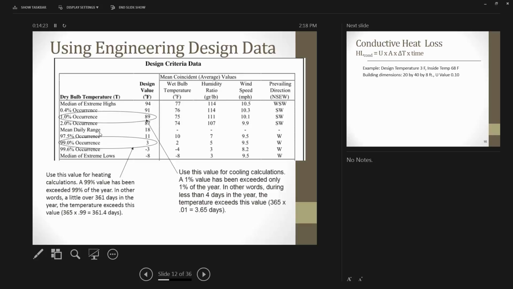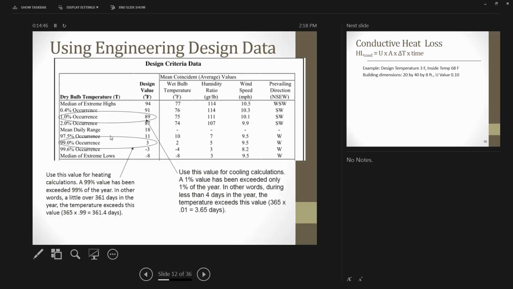One is the 97.5% occurrence. It's a similar average, except that it's a little more tolerable. I don't know what the numbers would work out to be there, but that's 2.5% of the time the temperature is below that temperature for a design set.